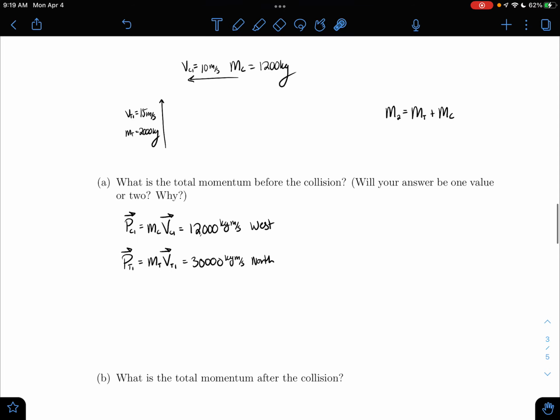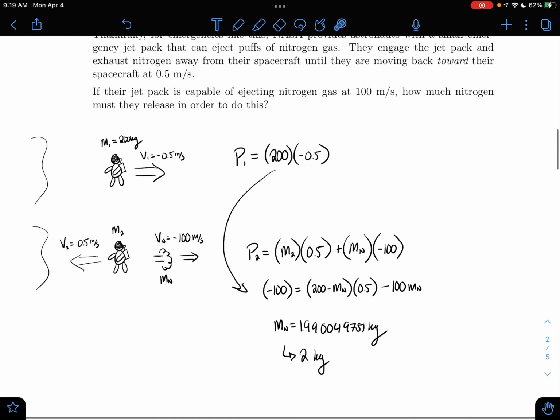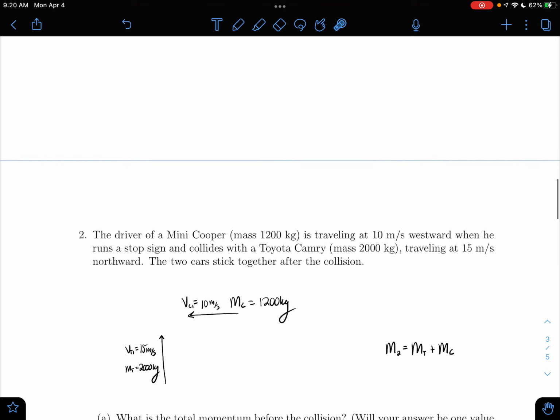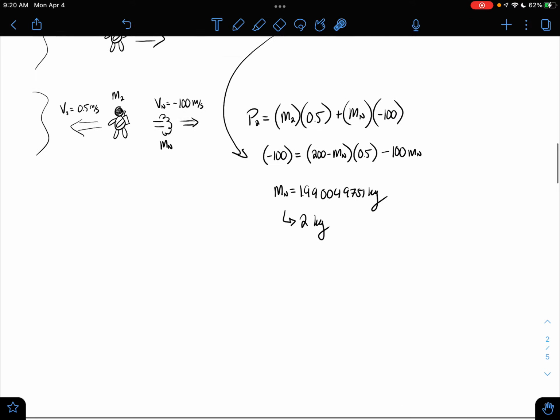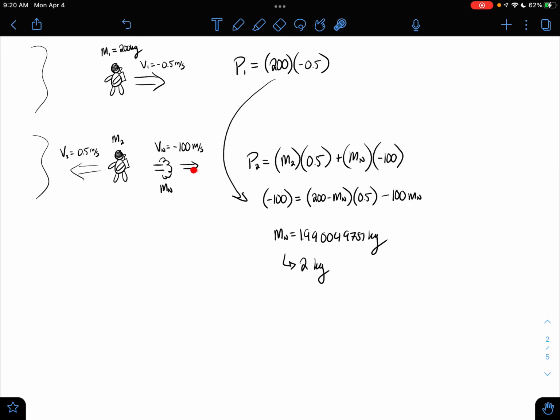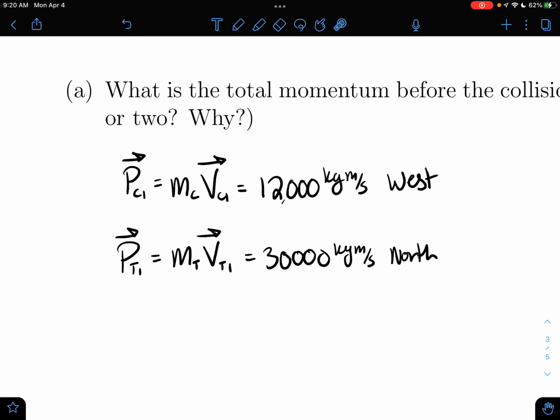So now it's super easy, right? We're just adding up like we did before. We just said our momentum of one thing plus the momentum of another, right? So we can just do 12,000 plus 30,000, but we can't because they're not going the same direction, right? Over here, we could just say positive and negative because they're both along the same axis, but that's not how we add vectors when they're going in different directions.